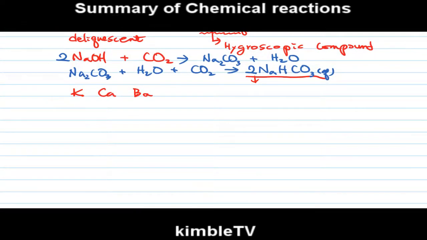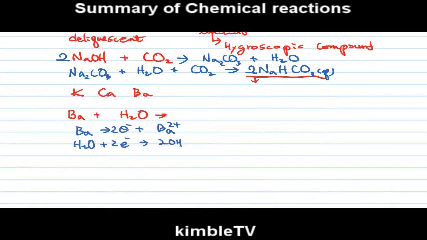Have a look at barium. We'll take barium, only one. Barium plus water, and barium also loses 2 valence electrons to form barium ion because its oxidation number is 2 plus, and 2 electrons are gained by water, giving 2 hydroxide ions and hydrogen gas.